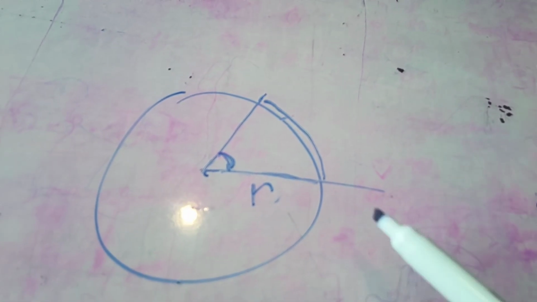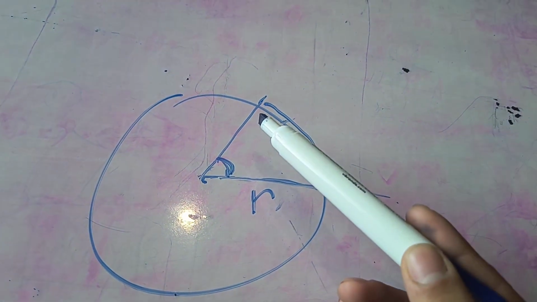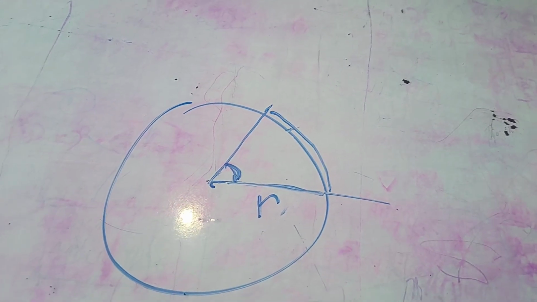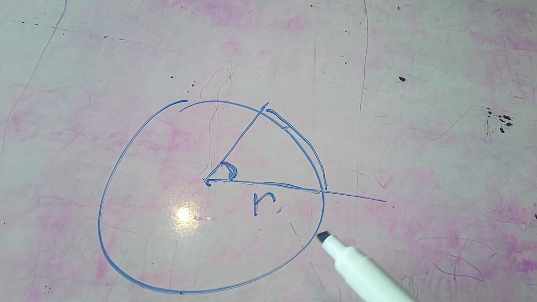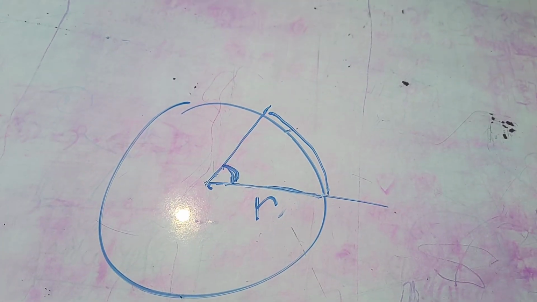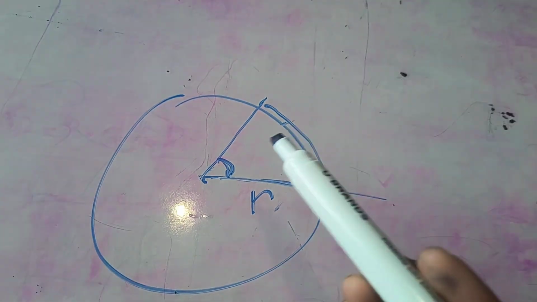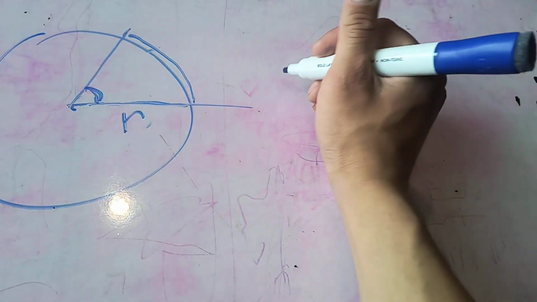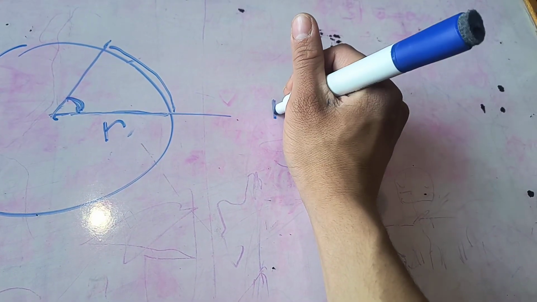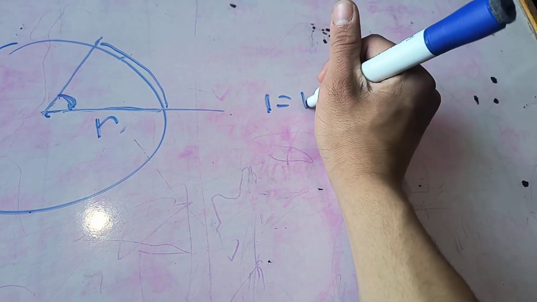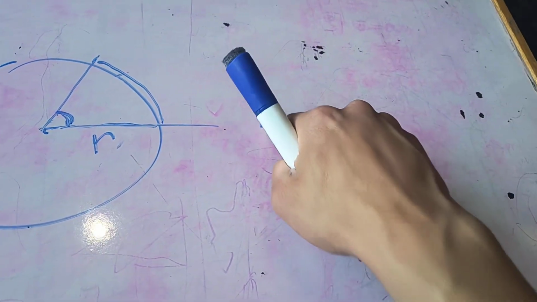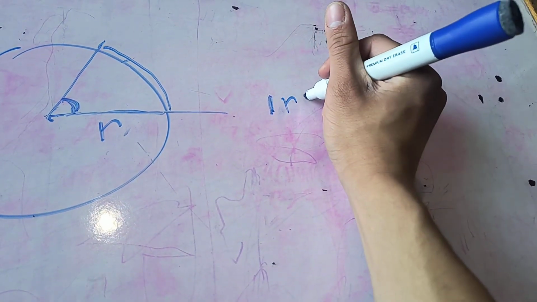And we say if that length is equal to the radius of the circle, then this arc length or this angle is equal to 1 radian.